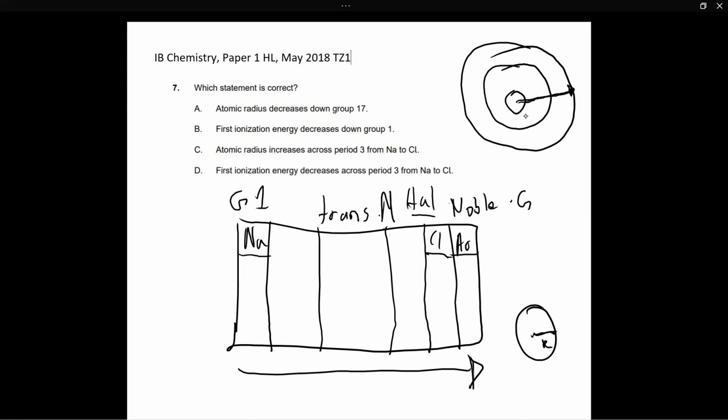And that would also mean that the attraction or the strength of attraction from the nucleus on the electrons is much higher, because remember, the protons, they keep pulling the electrons towards them because positive and negative charges attract each other.